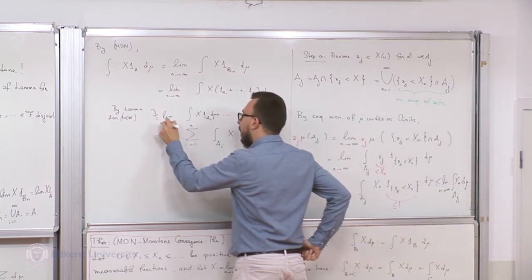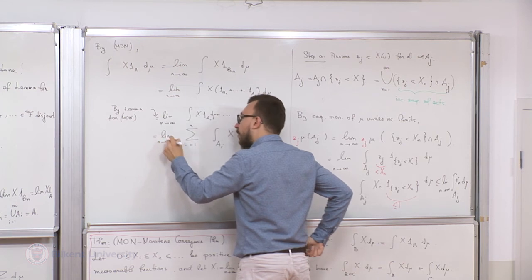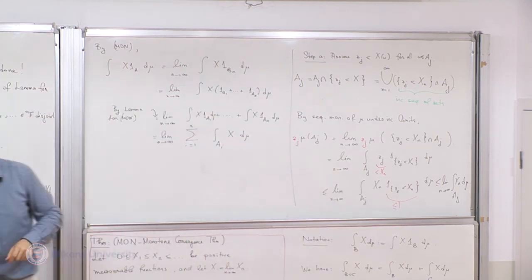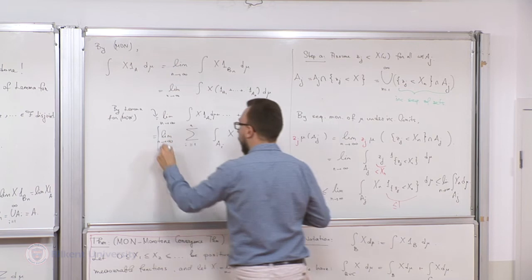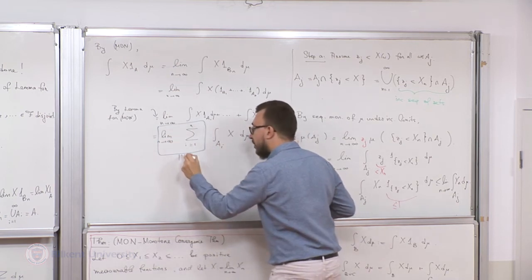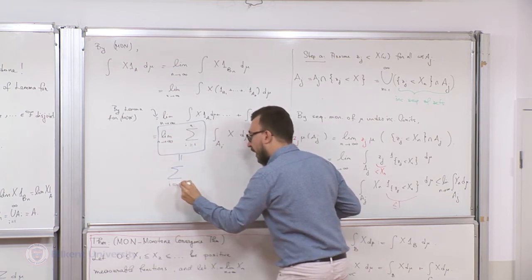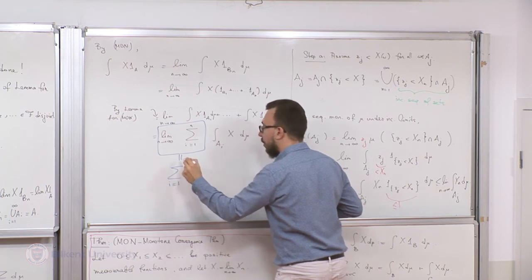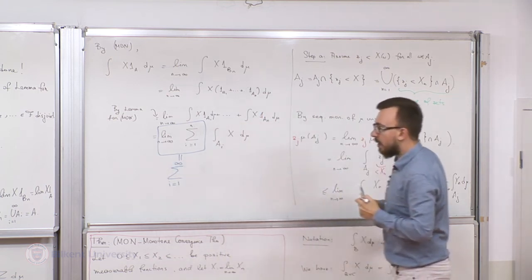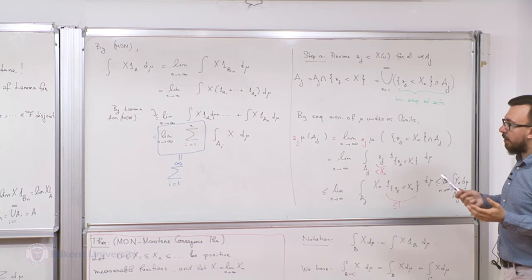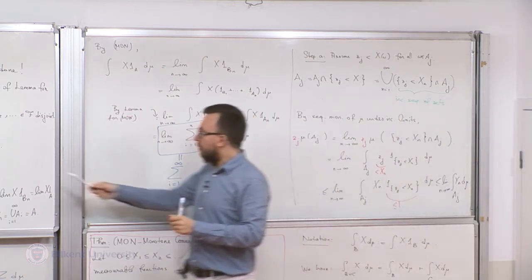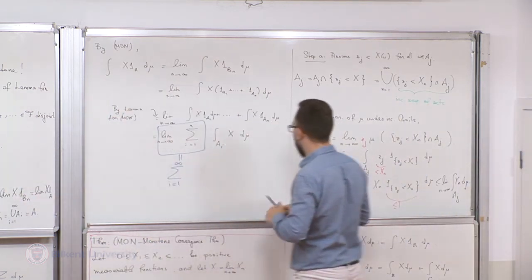And this was always n goes to infinity. So what is the limit as n goes to infinity of the summation 1 to n? This is by definition the sum from i equals 1 to infinity. So we proved it, right? The sum from 1 to infinity of integrals.